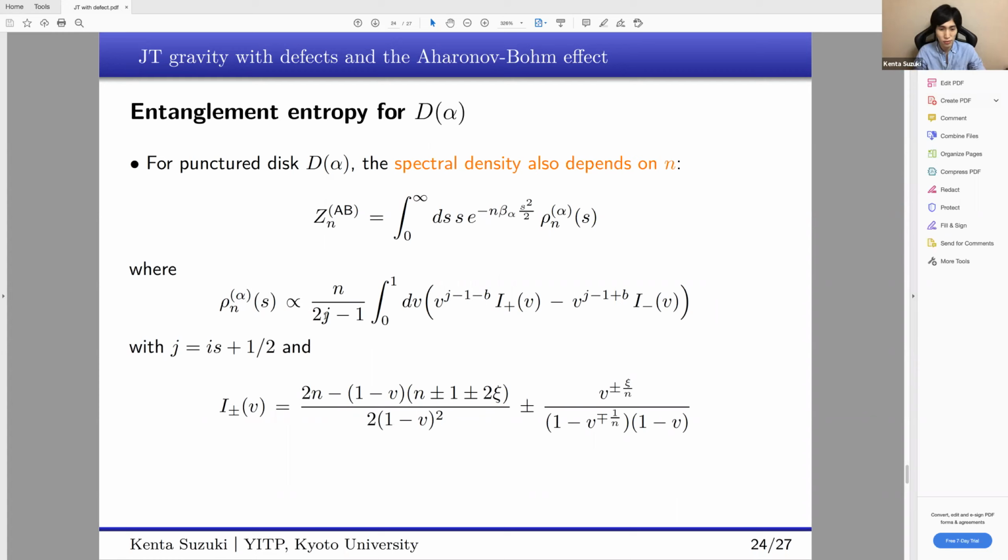The resulting spectral density is given by this somewhat complicated integral expression, which contains J, related to the parameter S by this expression, and the variable we had previously, which is related to the Aharonov-Bohm gauge field. And these are just integration variables.